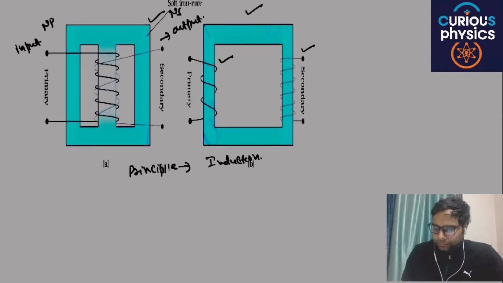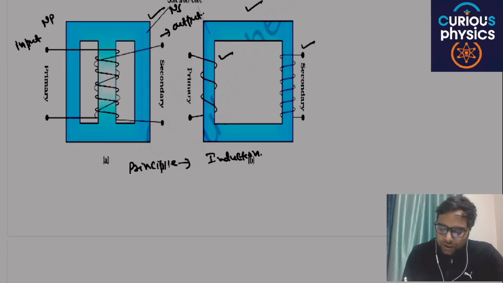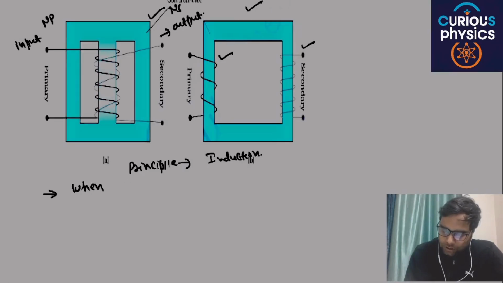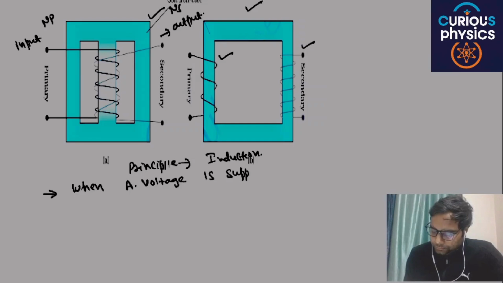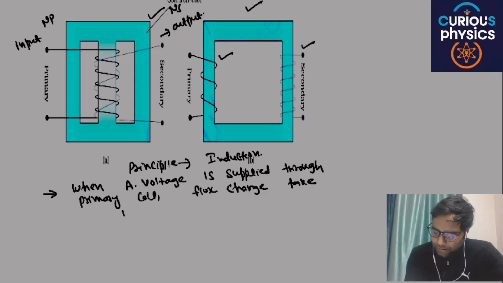When we supply the input alternating potential through the primary coil, there will be a flux change in the secondary coil.